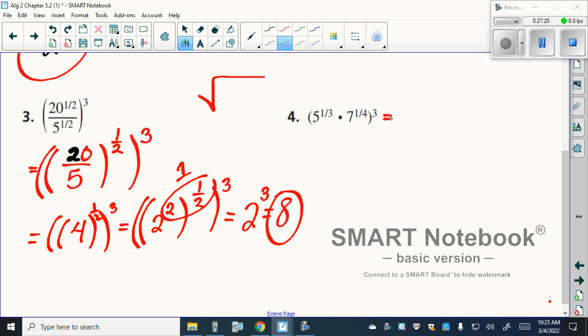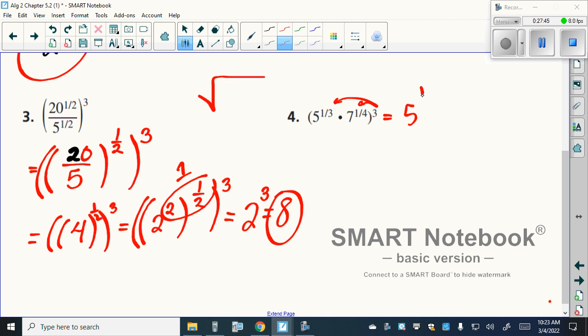So the last one on this page we have here: 5 to the 1/3 times 7 to the 1/4, all to the 3rd. Since this is a power of a product, we're going to multiply the exponents by 3.